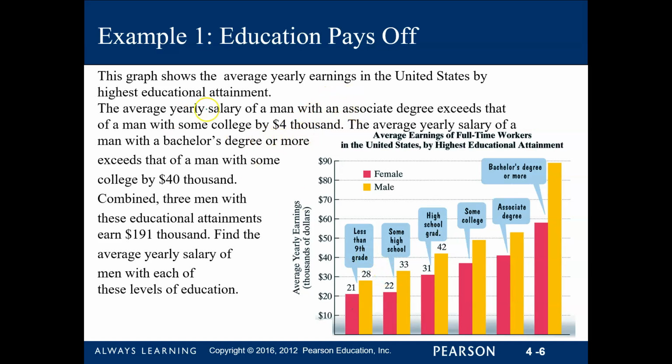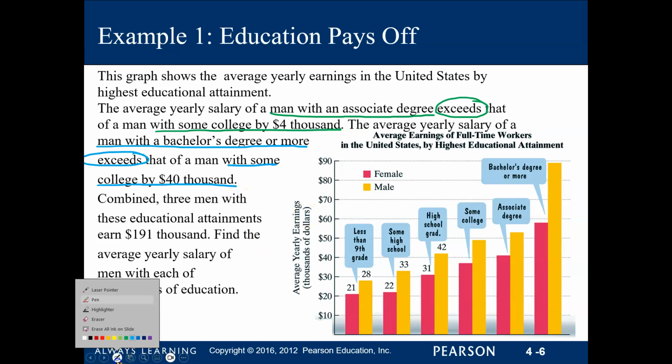So according to this problem, the average salary of a man with an associate degree exceeds that of a man with some college by 4,000, okay? Now, also, according to this problem, the average salary of a man with bachelor's degree or more exceeds that of a man with some college by 40,000.